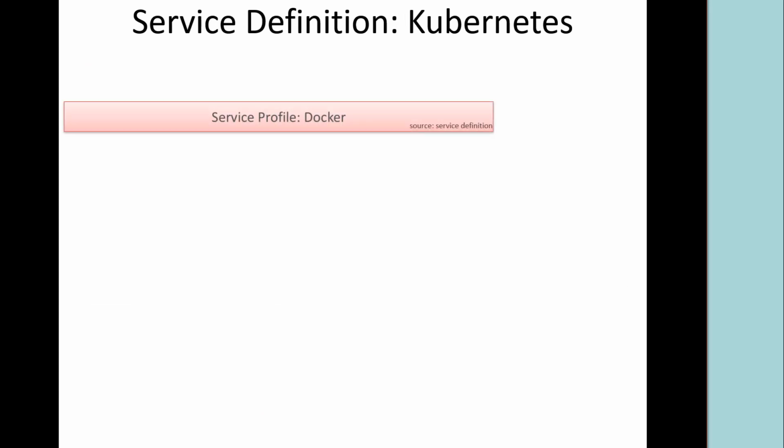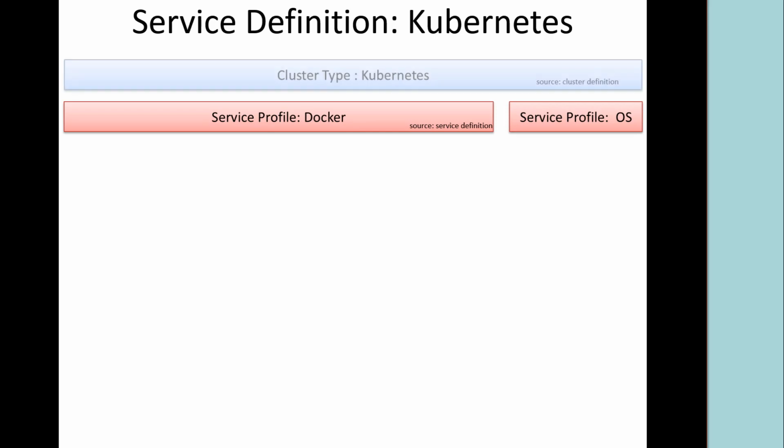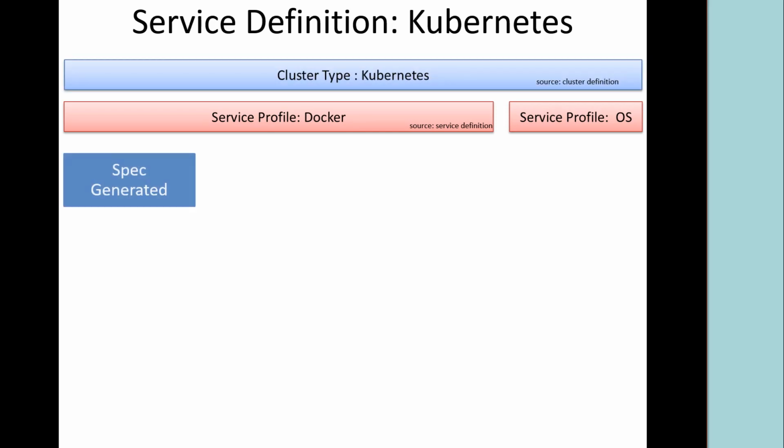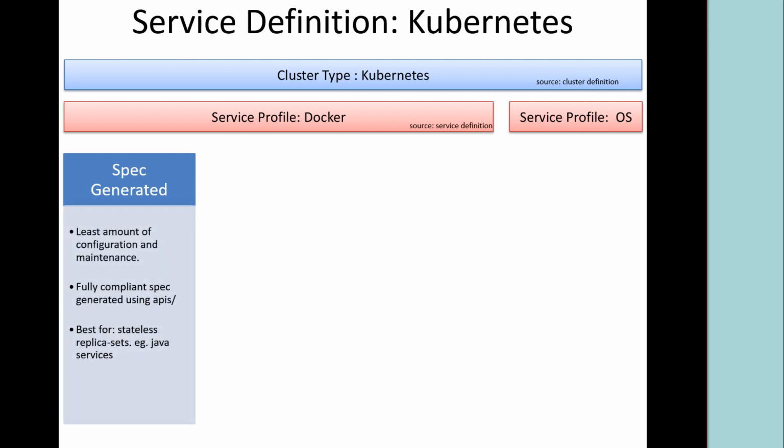Kubernetes service definitions support a variety of alternatives to meet different use cases. Creating a service may be as simple as a single Docker image name with optional configuration to customize Kubernetes spec generation.